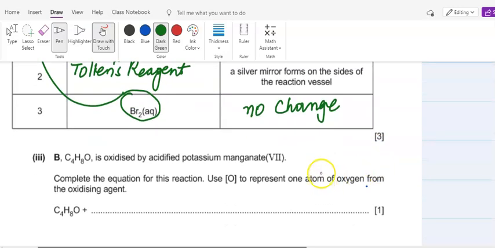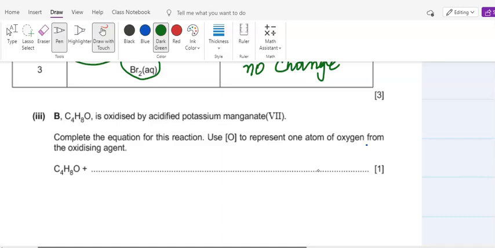Now they are asking: C4H8O is oxidized by acidified potassium manganate. Complete the equation for this reaction using O to represent one atom of oxygen. So the condition is one atom of oxygen.